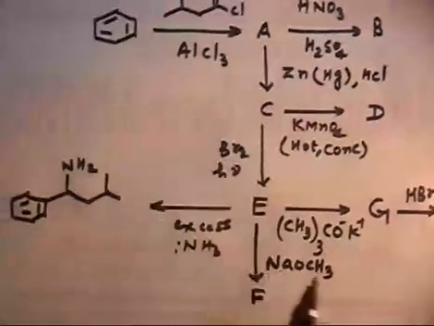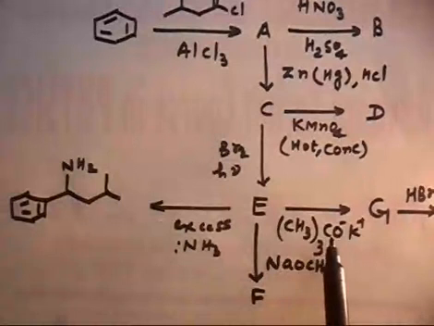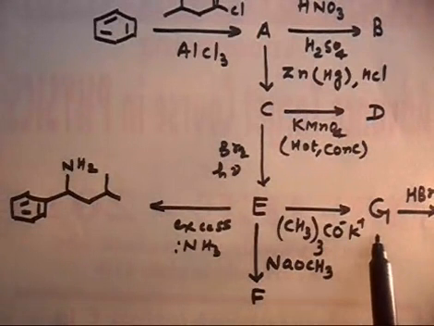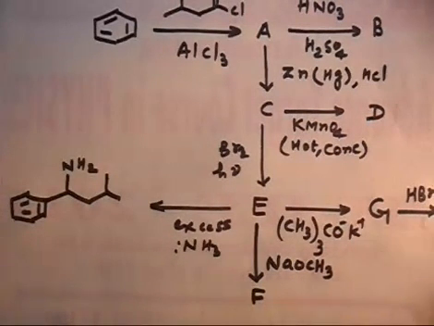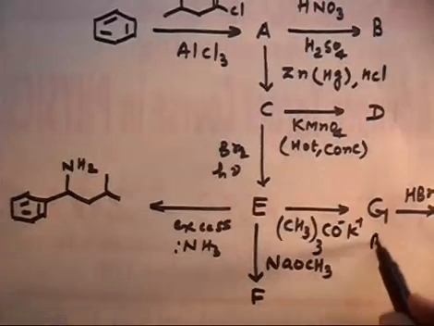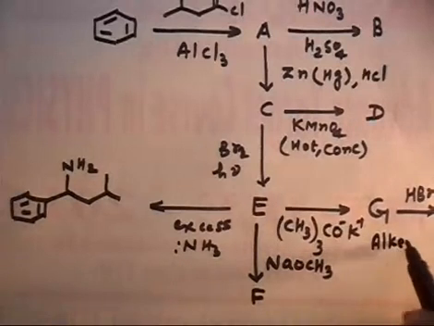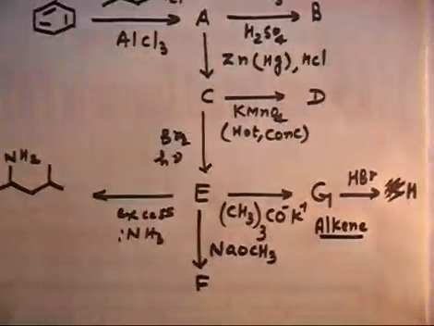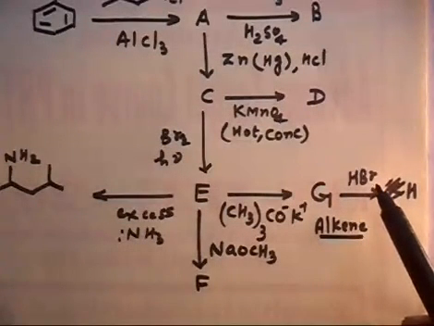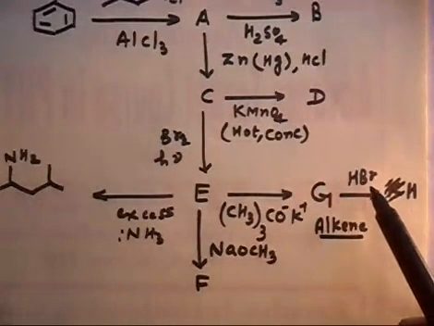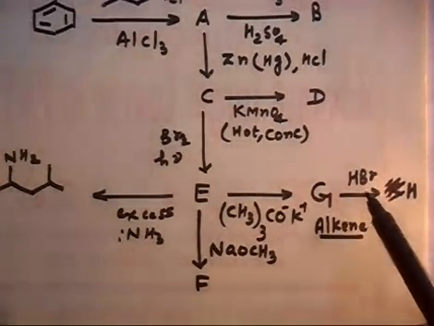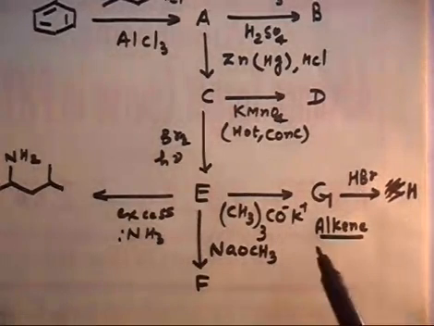This we can also verify from here. If I use tertiary butoxide, this is a base, so it will do an elimination reaction, so G is an alkene. This also supports my fact that G is an alkene, because it reacts with HBr as H plus and Br minus.